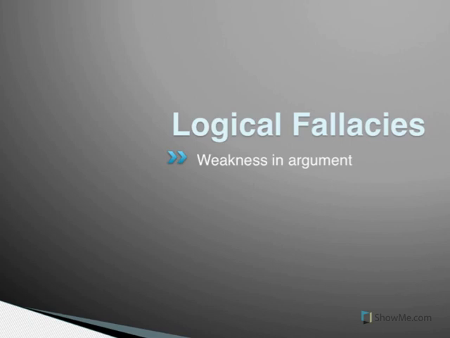In the last lecture, we talked a little bit about evidence and its need to be relevant, sufficient, as well as accurate. And I mentioned that there were a number of instances where that was not the case, where evidence was not as useful. And so as a result, I talked about logical fallacies, which are weaknesses in argument.